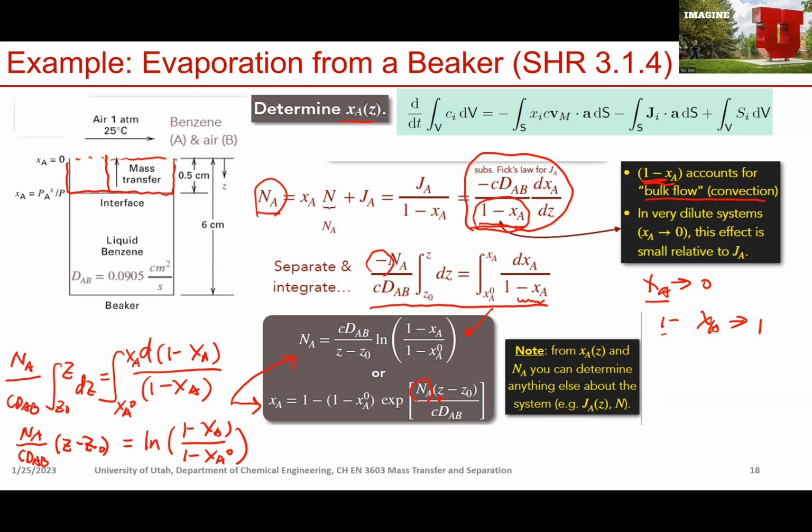Because steady state means you put that beaker of liquid benzene on the table for so long that if air wants to dissolve into liquid benzene, it already has. It's already saturated with air, which means no more air can be dissolved into the liquid benzene.